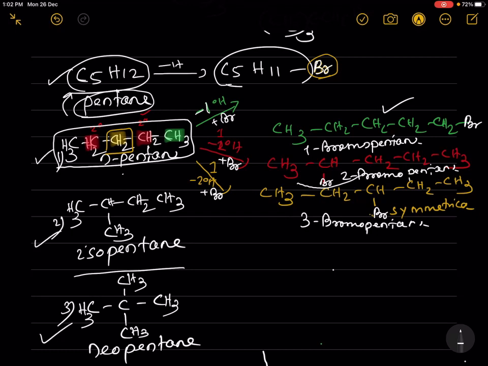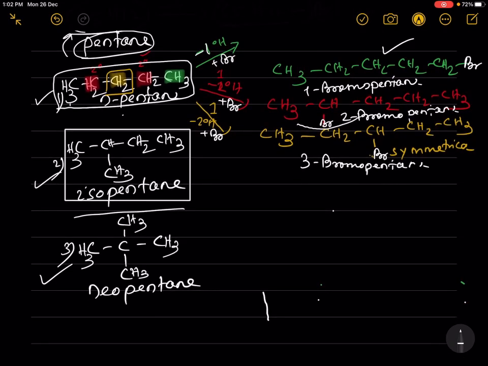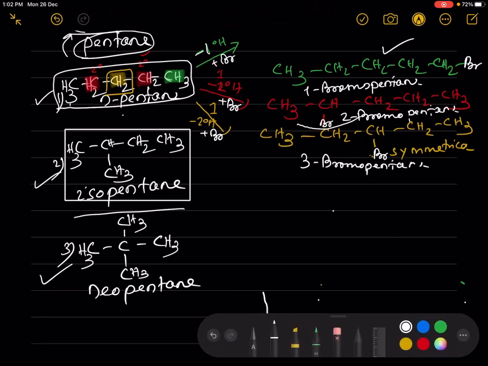From N-pentane you got 3 bromopentanes. Now from isopentane, how many C5H11 groups will you get? First we have to draw the C5H11 groups, then we have to write the bromoalkanes.